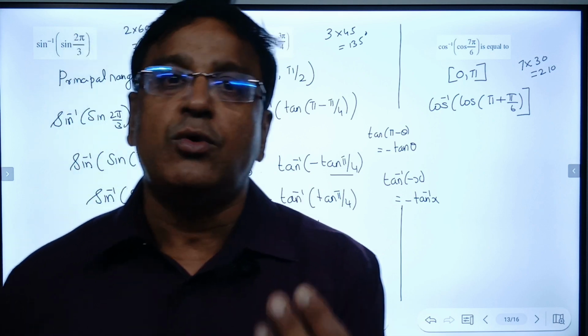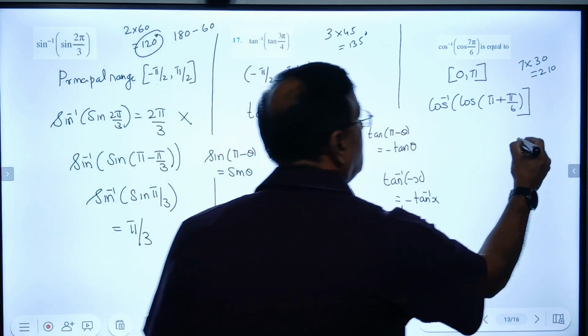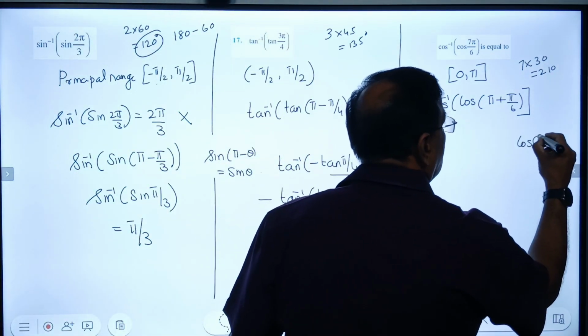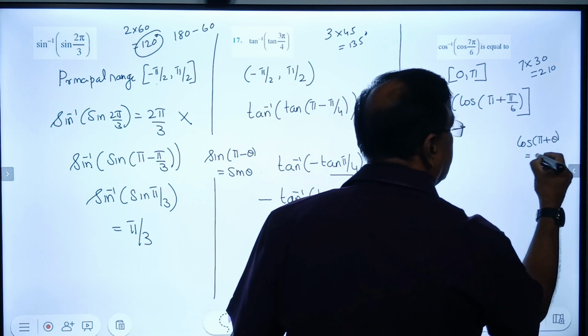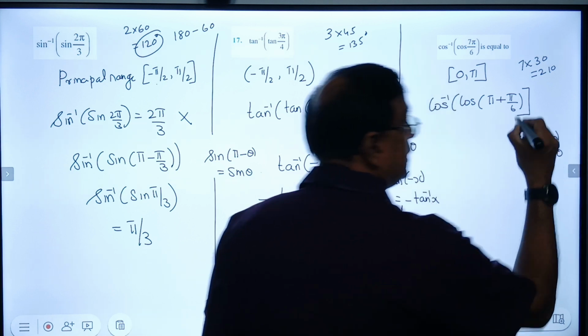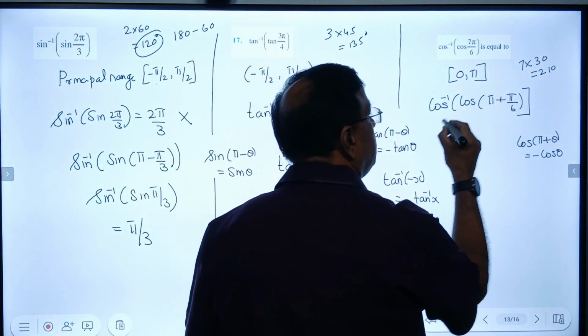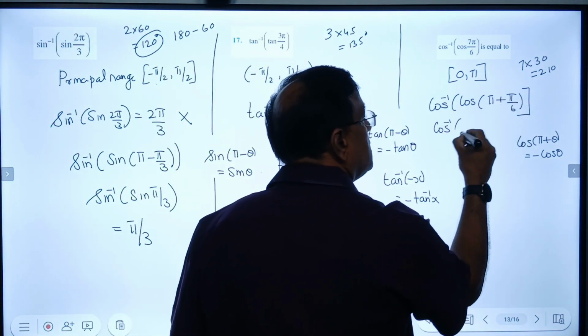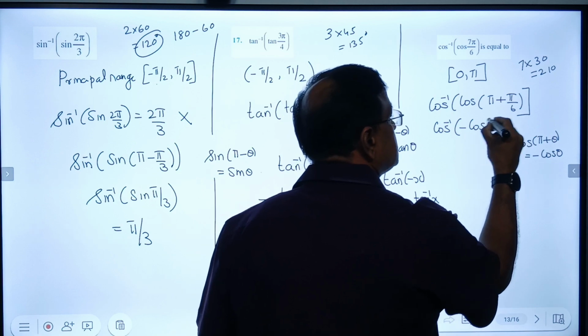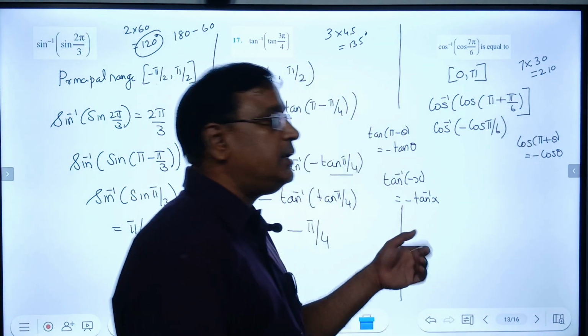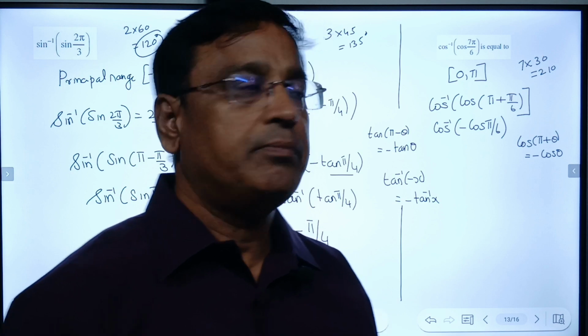You are in the third quadrant. In the third quadrant, cos is negative, correct? So cos of pi plus pi by 6 will be minus cos pi by 6, correct?